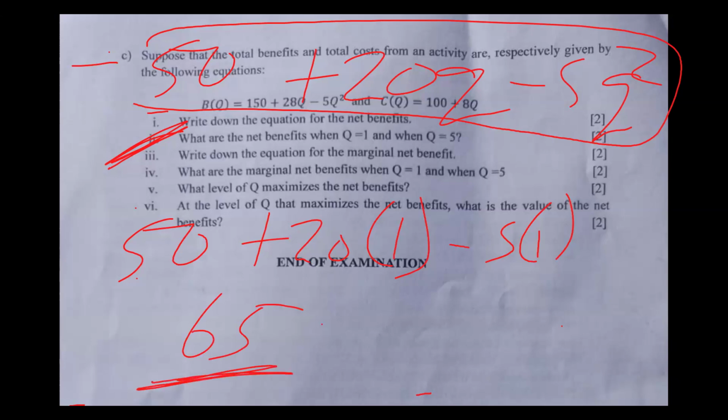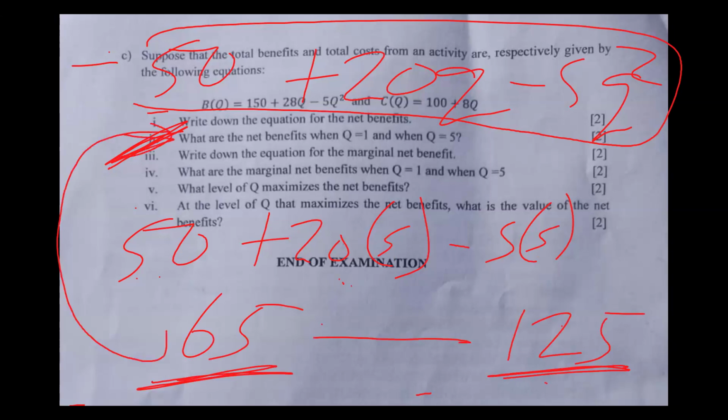Then at 5, you put 5 here, that will be 50, that will be 100, 150 minus 25, so it is 125. That is for part 2.